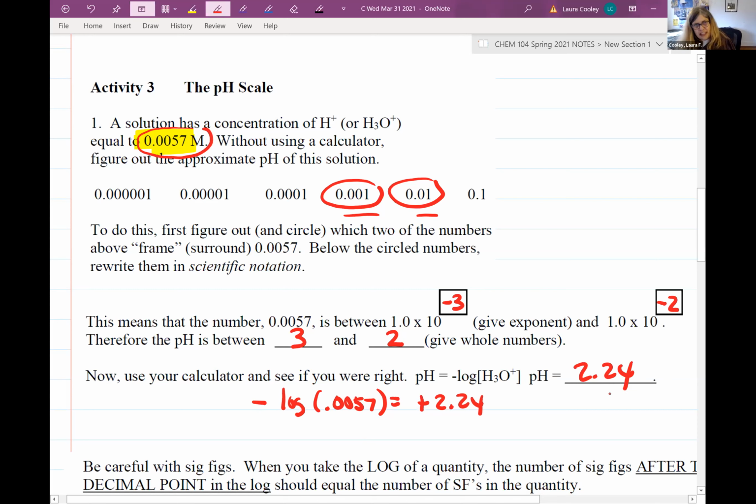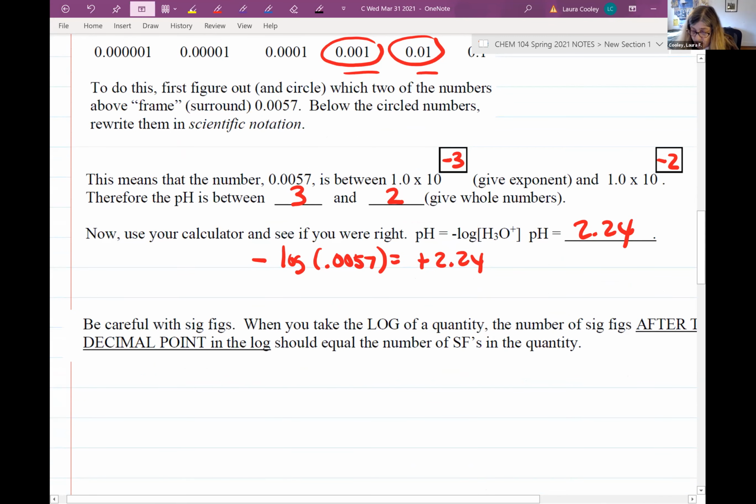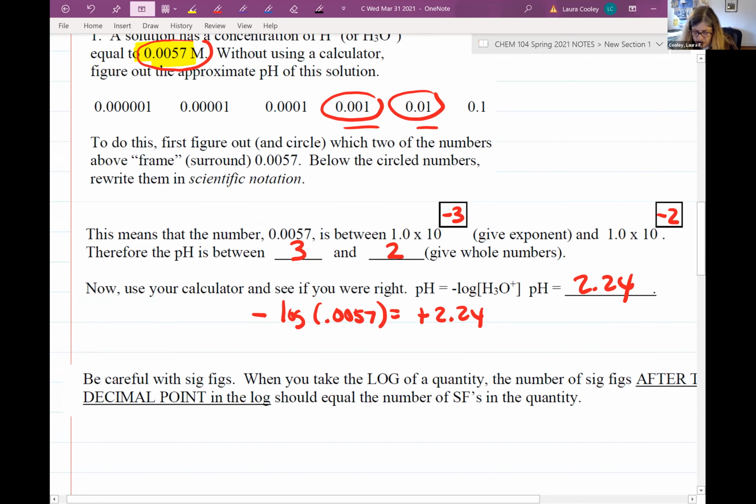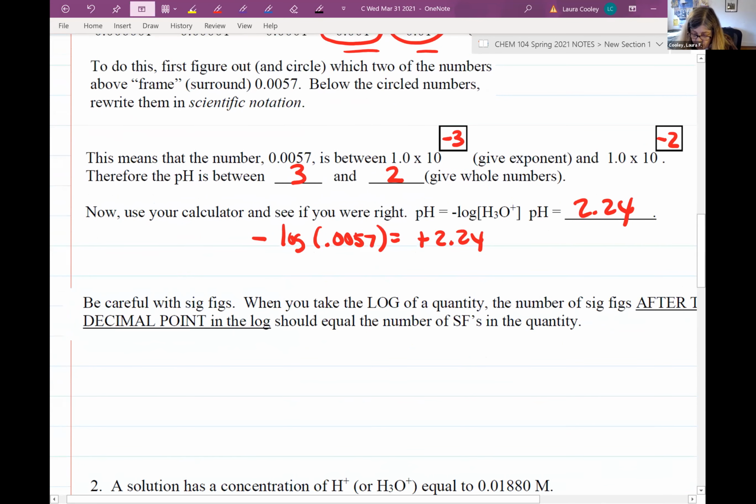Okay, so it's between 2 and 3. I knew it was going to be between 2 and 3. So if my calculator gives me 10.57, I know I did something wrong on that calculator. That's why I give students this exercise to do, because it doesn't take very long, and it gives you an idea of what pHs will be like when you have certain H3O plus concentrations.